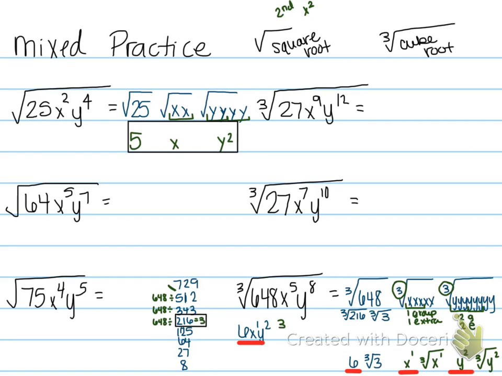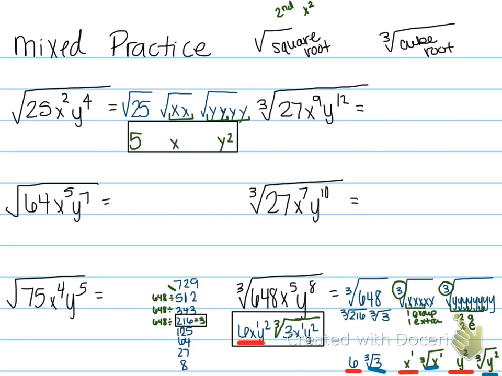Then I'm going to draw a cube root symbol. And all of my numbers that were inside of cube roots are going to go here. So 3, x squared, y squared. This is my final answer.